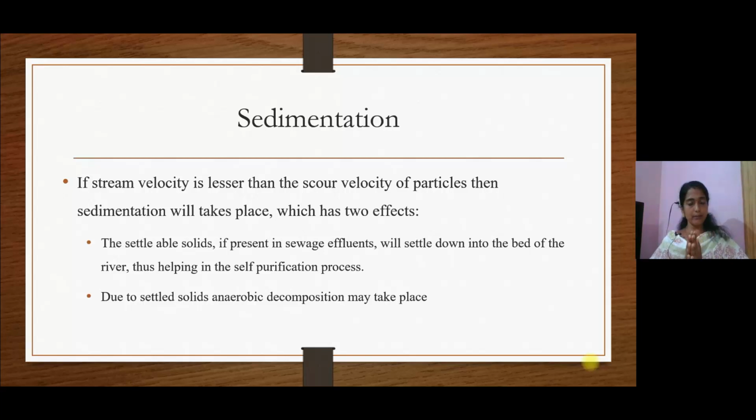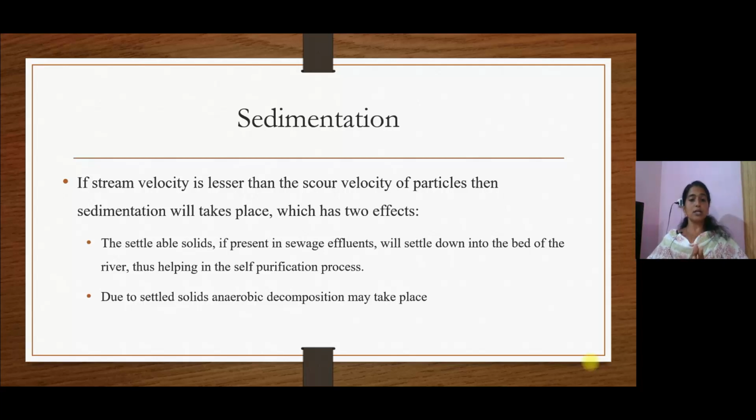Here the sedimentation means the sedimented particles, that is the sediments present in the wastewater, will get deposited on the bed of the stream or river, and this will happen only when the stream velocity is less than the scour velocity. The settleable solids, if present in sewage effluents, will settle down into the bed of the river, thus helping the self-purification process.